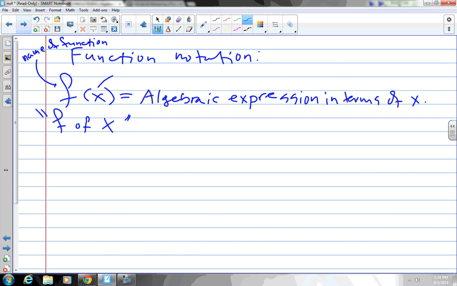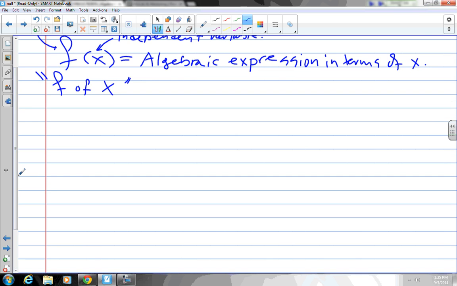x indicates the independent variable. So if I write something like this, and I say this is some version of a function notation, what is the name of that function?